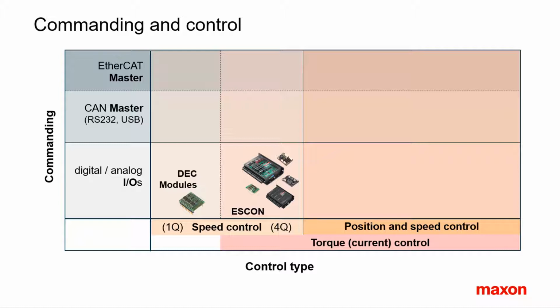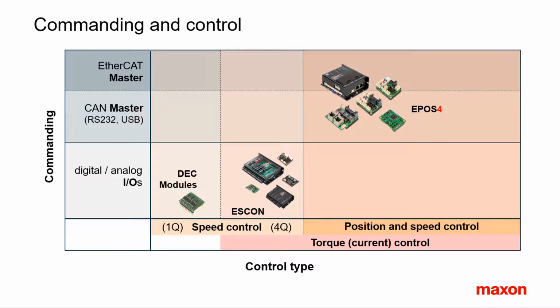The SCON controllers are commanded by digital and analog IOs. There's no bus interface, the USB connection serving for configuration purposes only. The SCON controllers are very versatile concerning feedback and set value options, as well as the configuration of the inputs and outputs.